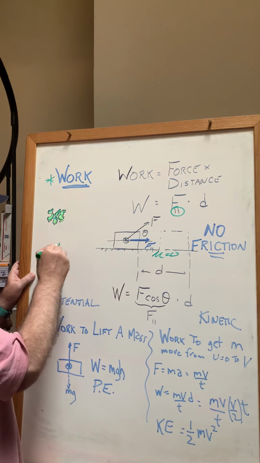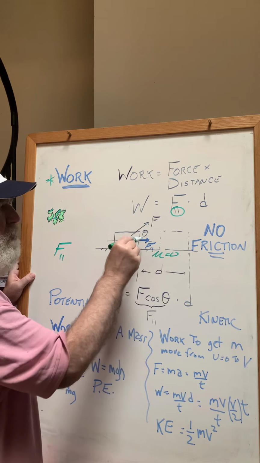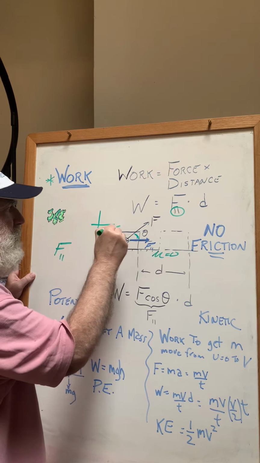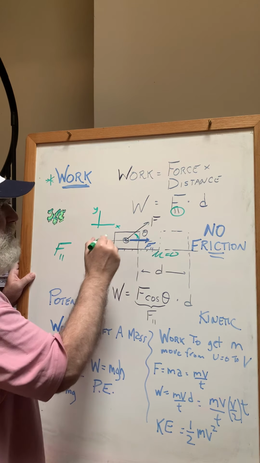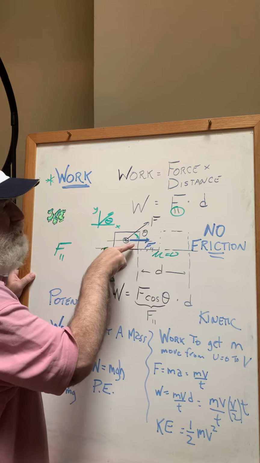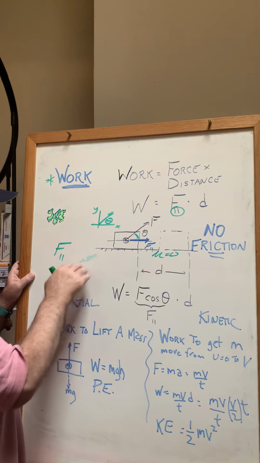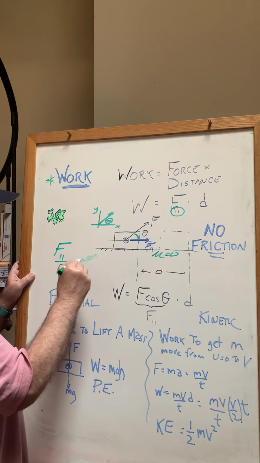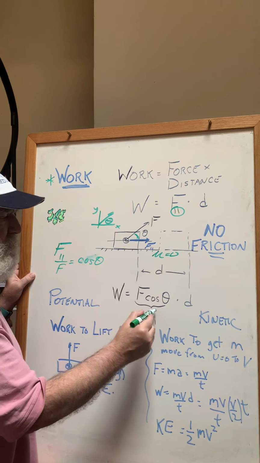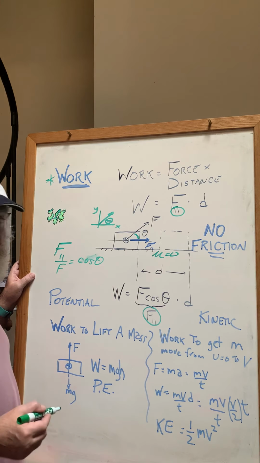Well, work again is the parallel force, which in this case is the blue vector, and so using trigonometry, the angle between the horizontal, the x direction, is going to be the force F times the cosine of theta. So SOH CAH TOA, adjacent side. So the adjacent side, the force I seek, divided by F is equal to the cosine of theta. So therefore, F cosine theta is the parallel force multiplied by distance gives me the work that I do.